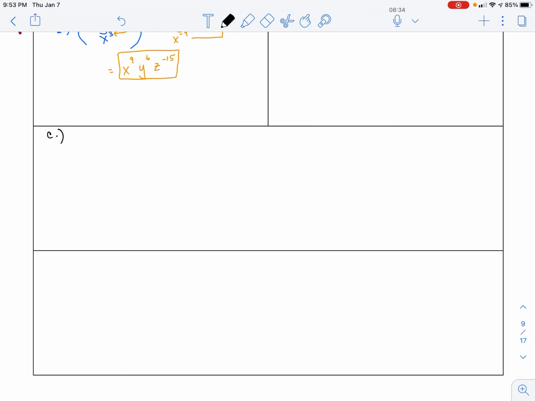C, we're going to use 3 unit multipliers to convert 75 cubic inches to cubic centimeters. So we're starting with 75 cubic inches. So we're going to go inch times inch times inch. And 3 unit multipliers, let's go ahead and build them in. We're going from inches to centimeters.